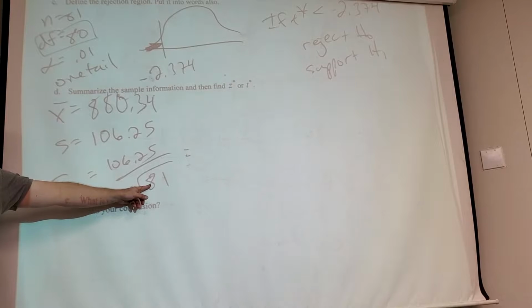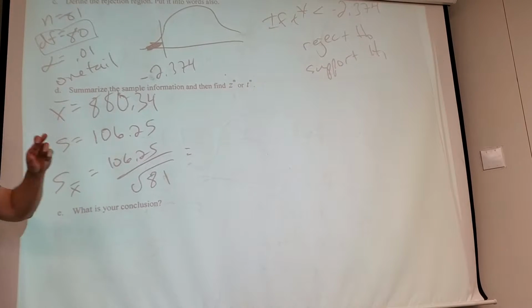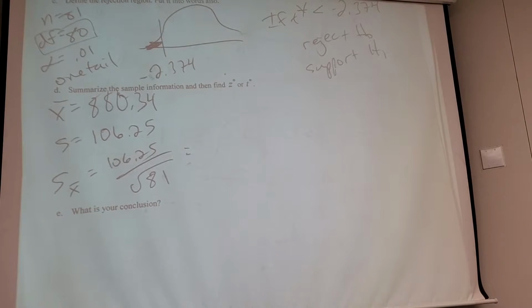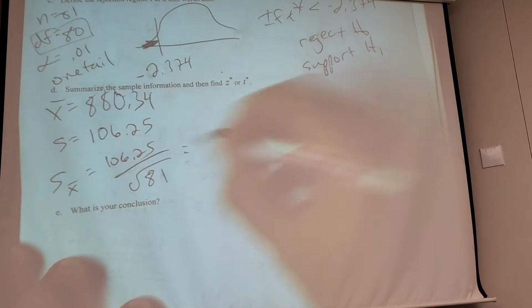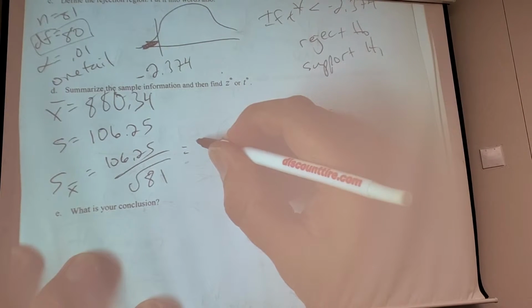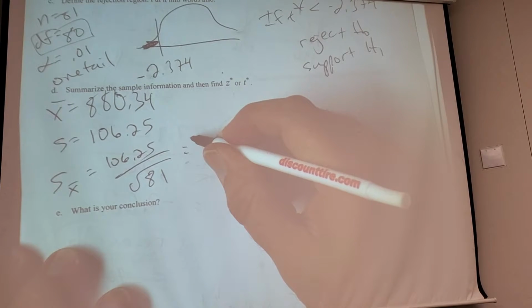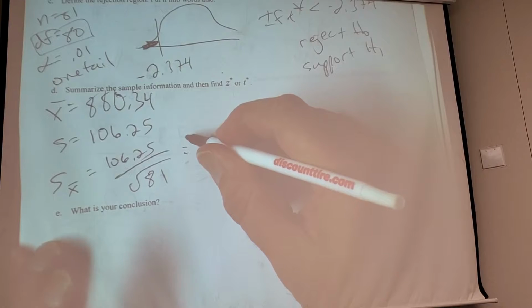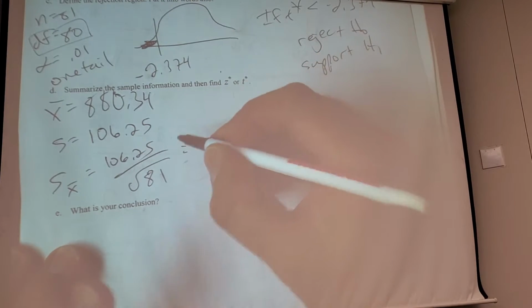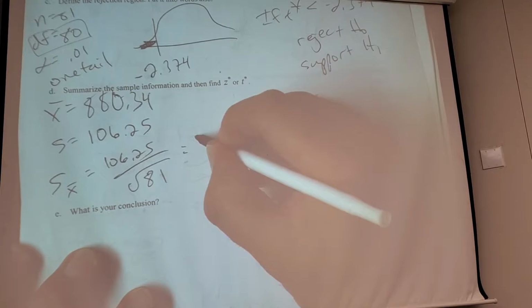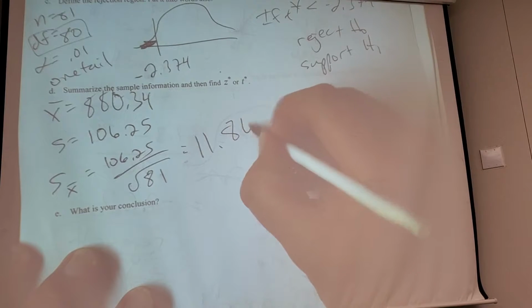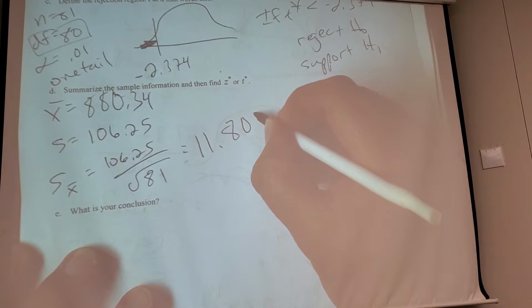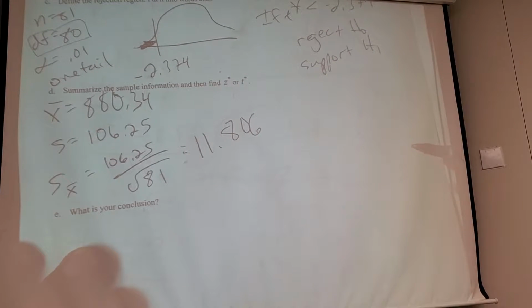That's why I really try to harp on individuals versus groups. It's almost 12, so it's 11.8, 0.6.